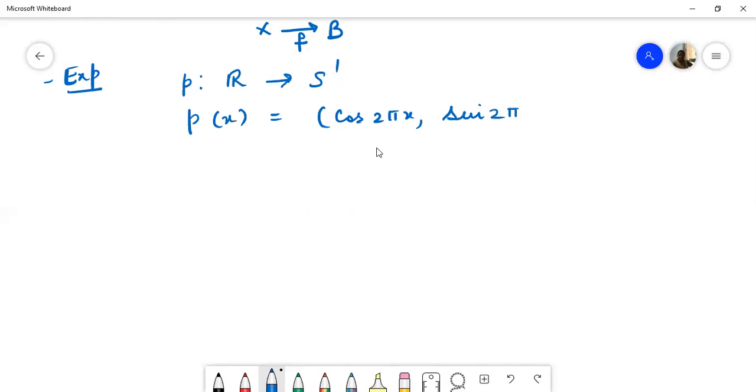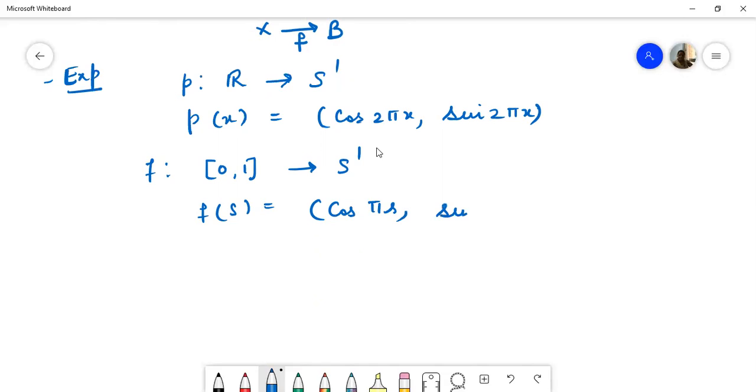Now we define a path F in the space S1, which is defined by F of s equal to cos pi s, sin pi s. So this is a path in the circle, and this path starts at the point b0, which is, let us take, (1, 0), and this is along the upper half semicircle.